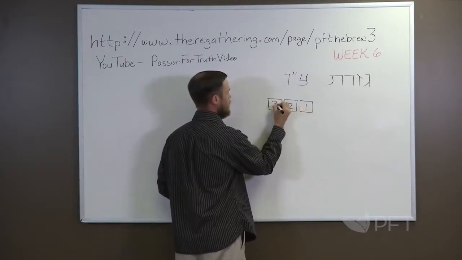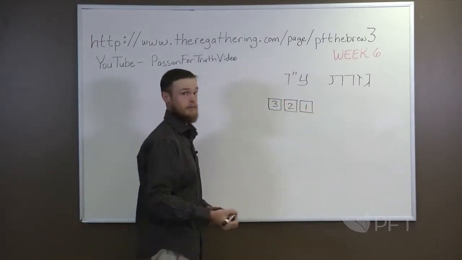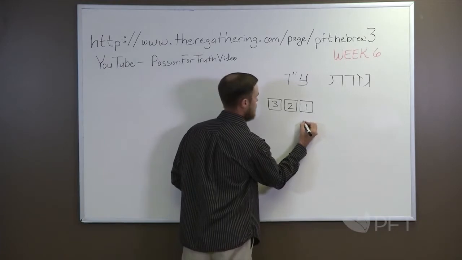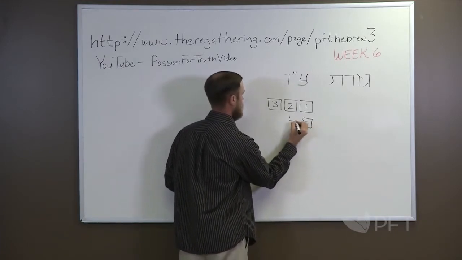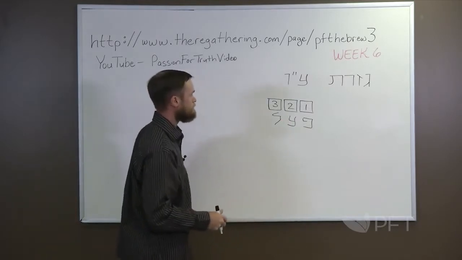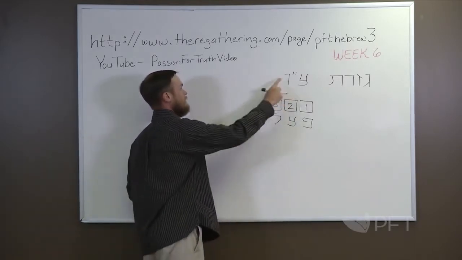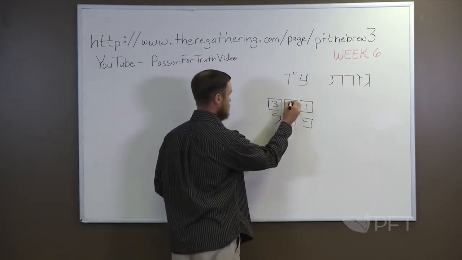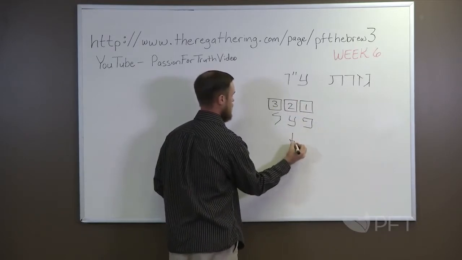in our root we have our first, second, and third radicals. Okay, first radical is called the Pei radical, second called the Ayin radical, third called the Lamed radical, right? So Ayin Vav means that our second radical is a Vav.